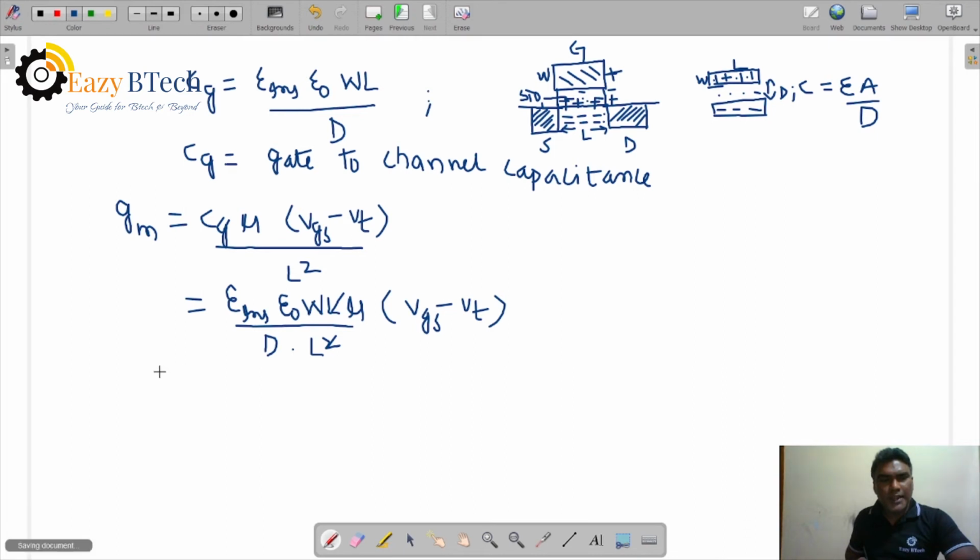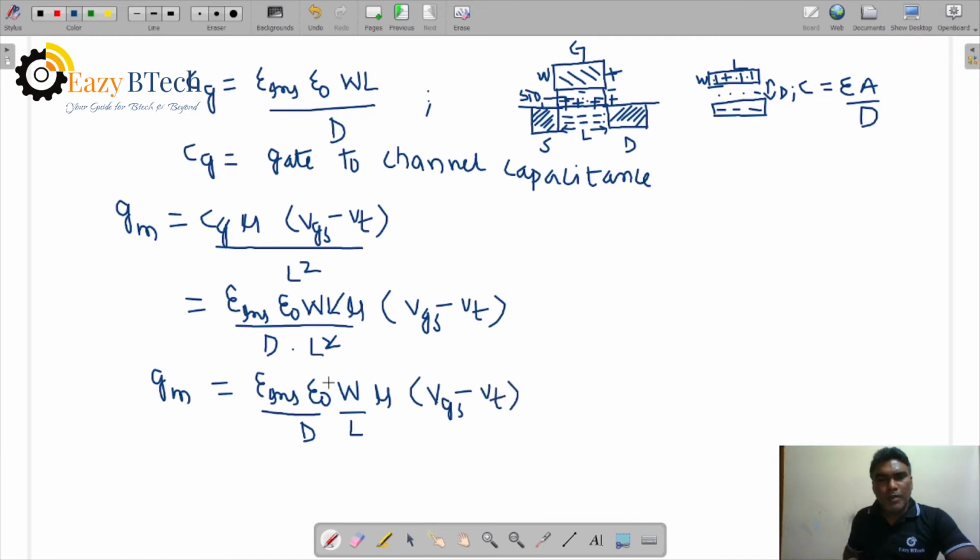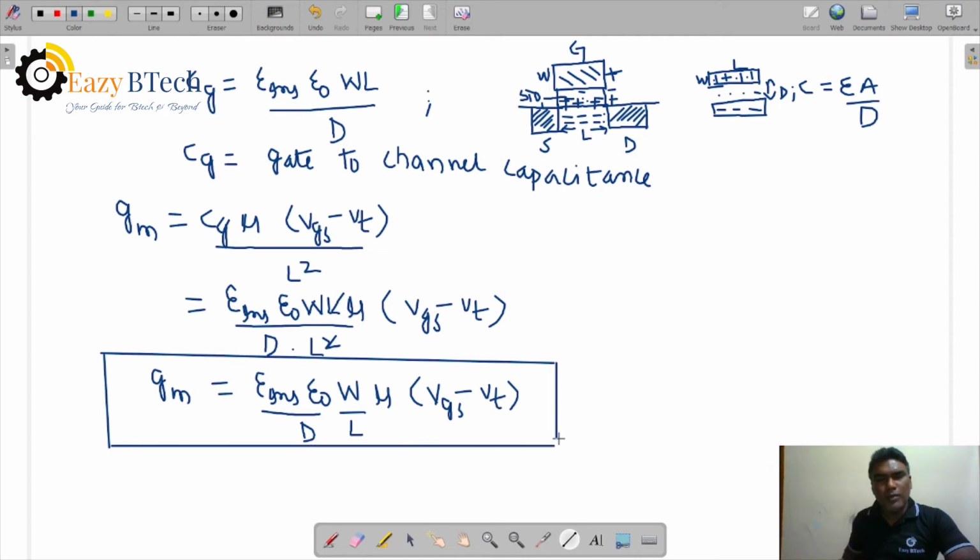Then the final transconductance of a MOS transistor, Gm, will be equal to epsilon insulation, epsilon naught W by L into mu divided by D into this VGS minus VT. So this is the final equation of a MOS transistor transconductance. If the transconductance is increasing, the switching speed of the MOS transistor will be increased. Means it will be speedily on and speedily off. So that is a working of the transconductance.